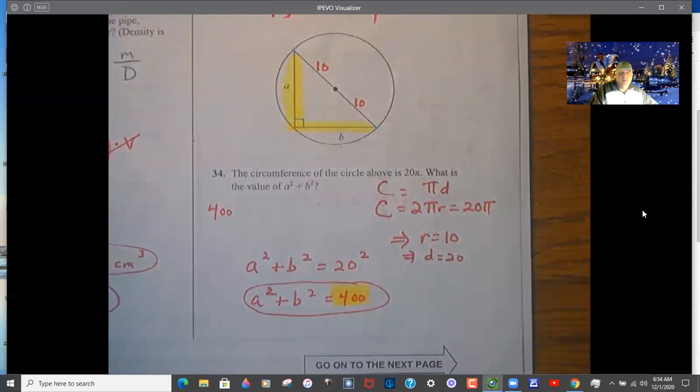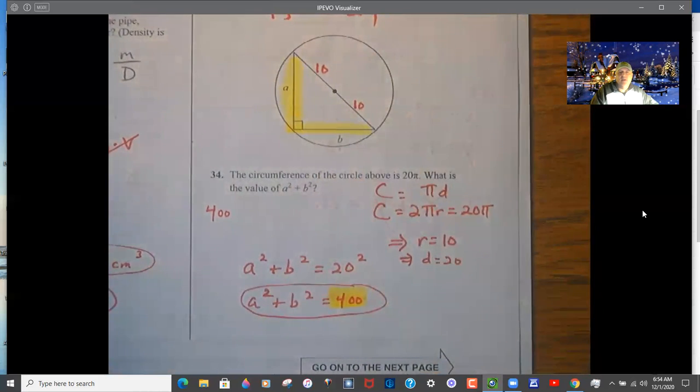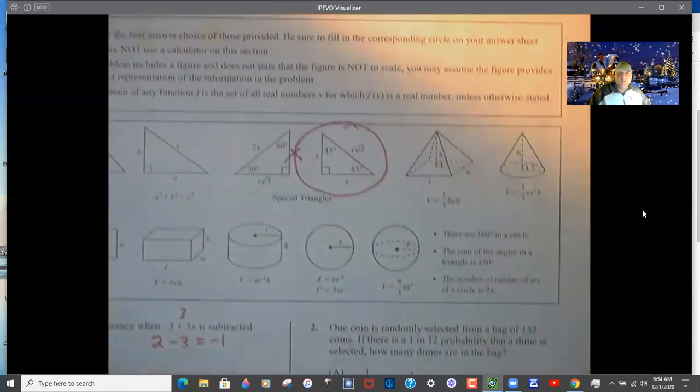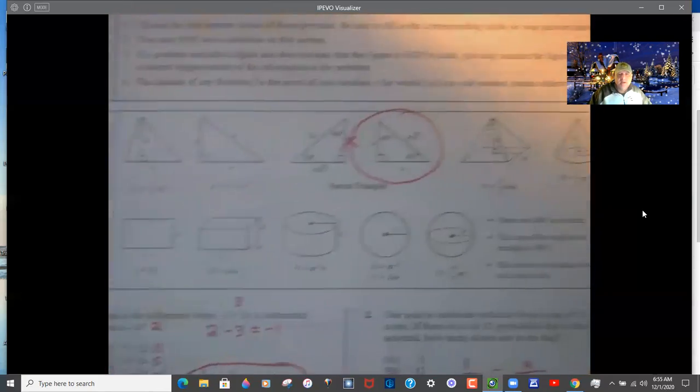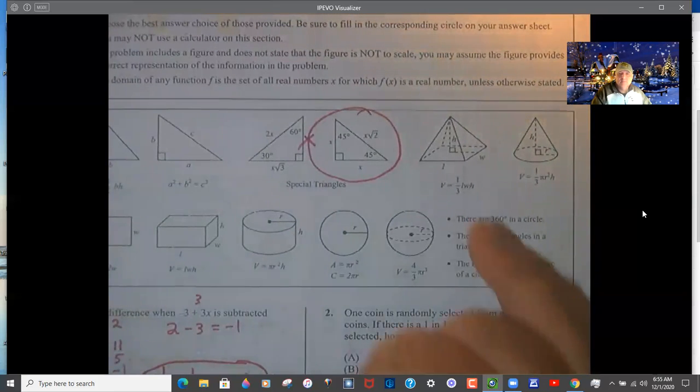What is the value of a squared plus b squared? That's the Pythagorean theorem. I need to know what that is, the hypotenuse. Well, the circumference is 20 pi, that's pi times the diameter. You can look that up. Boys and girls, you got this. Pi times the diameter.